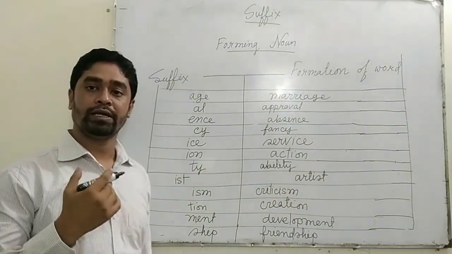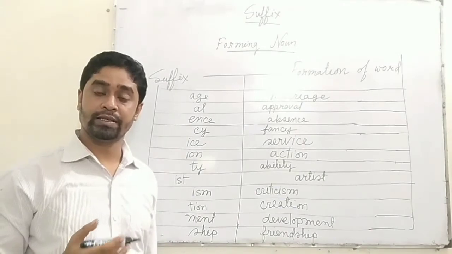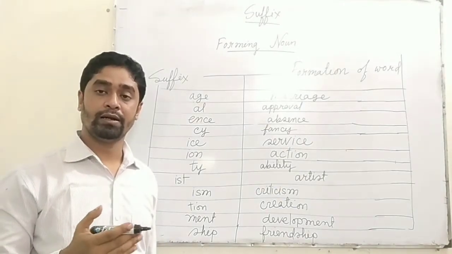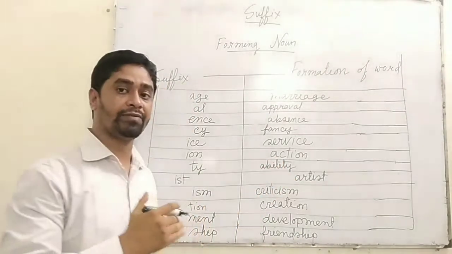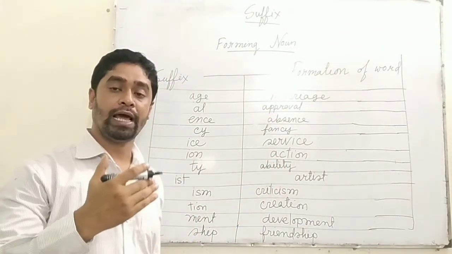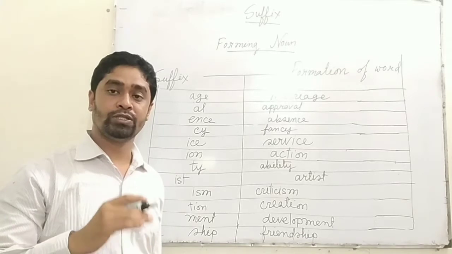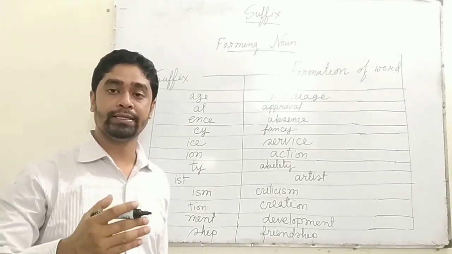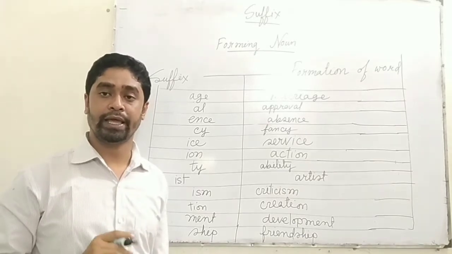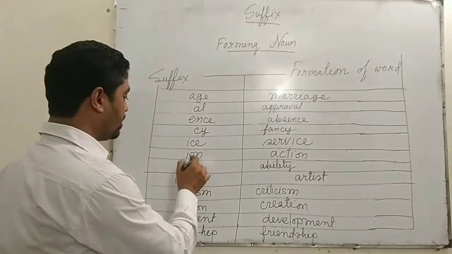Ion, it creates a noun, that is action. Here the base word is act, and after that ion is added with act, then it makes a noun, that is action.